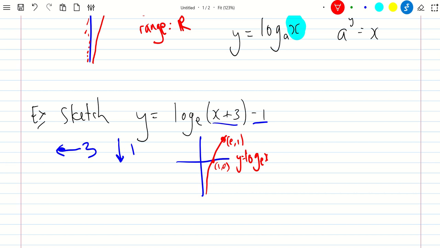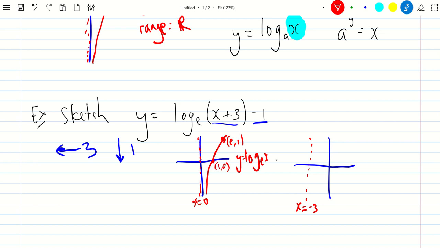And what's going to happen is it's going to move to the left by 3 and down by 1. I forgot to put in my asymptote there, so you've got an asymptote down there at x equals 0. So what we're going to have now is an asymptote at x equals -3.